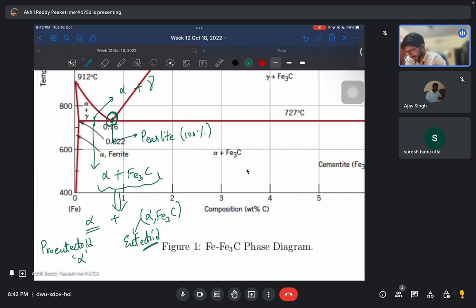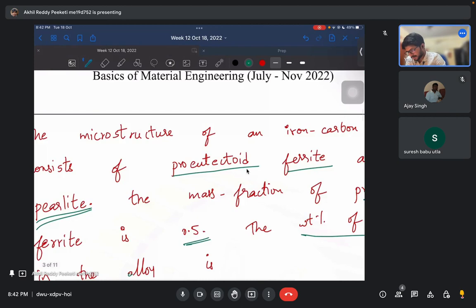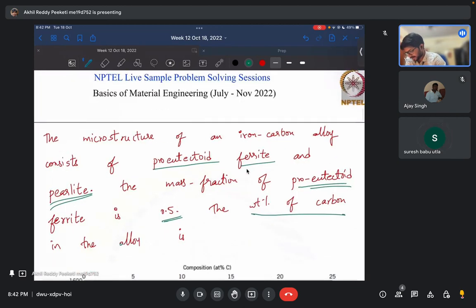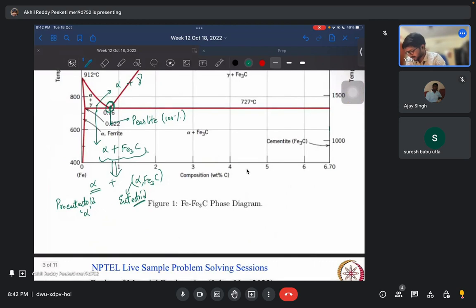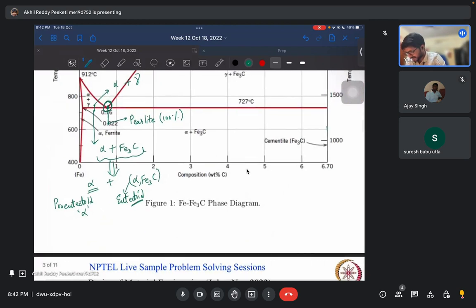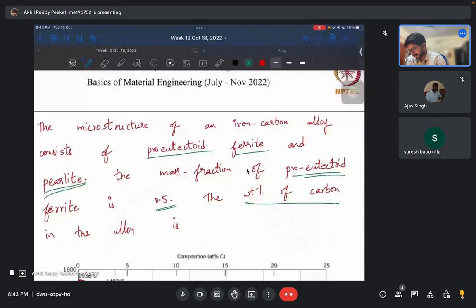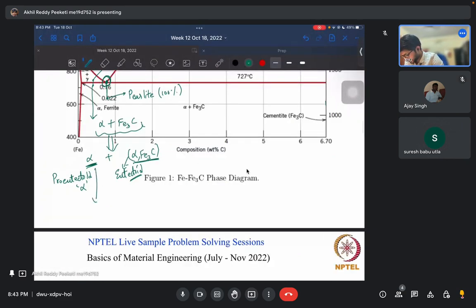Now they have given proeutectoid ferrite and pearlite. The eutectoid mixture is called pearlite, right? So they have given the ratio of the primary alpha to the total eutectoid mixture of alpha and cementite as 0.5. So this is half of the total, both are equal.